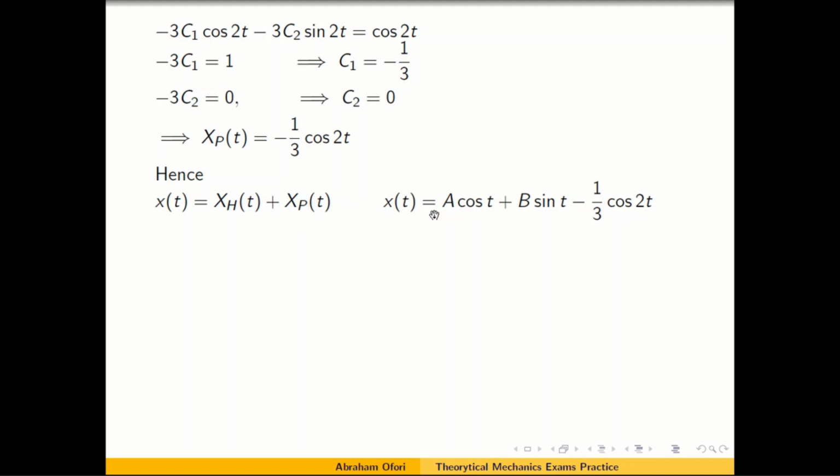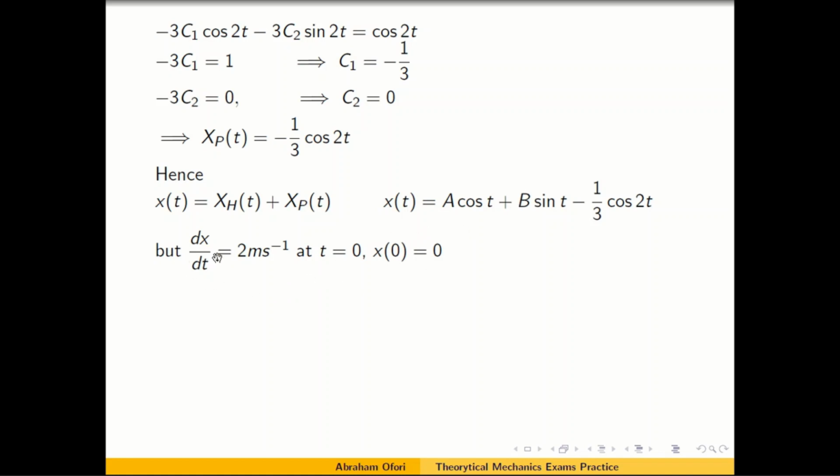So x of t is equal to a cos t plus b sine t minus 1 over 3 cos 2t. The reason why we are maintaining our a and b is because we can't solve them from the transient state. Mind you, we said x of 0 is equal to 0. So we need to find our main x of t, then use these conditions to find our a and b.